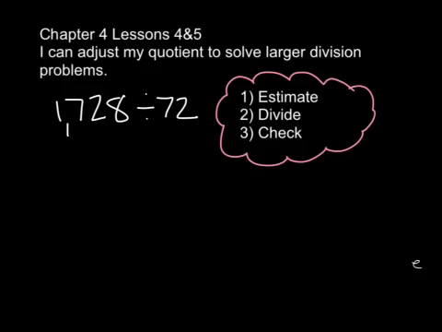I'm going to estimate 72 would be closest to 70. And then I'm going to think about this number as a multiple of 7. So I'm thinking about the number 17, right? Gee, 7 into 17, well, let's see, I could do times 2 would be 14, times 3 would be 21. I suppose either one would work. I'm going to start with the 3, so we'll do 21.